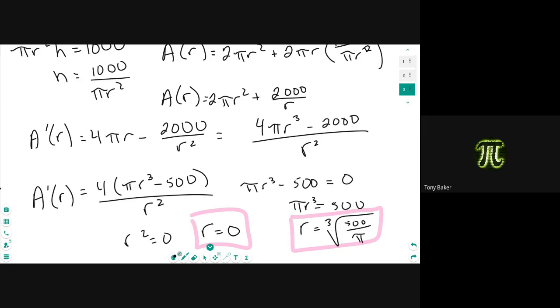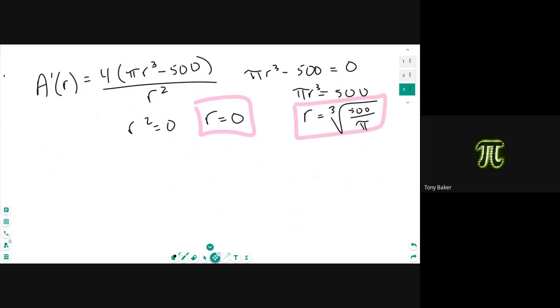All right, so I need to find the minimum amount, correct? I've got this split, right? First of all, I've got to figure out, is that going to give me a minimum? So we don't know if that's a minimum or a maximum right now, right? We just know it's a value, one of my critical numbers.